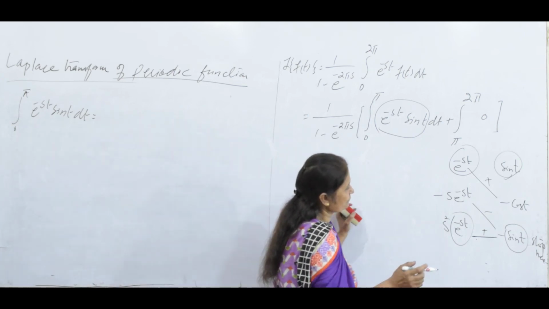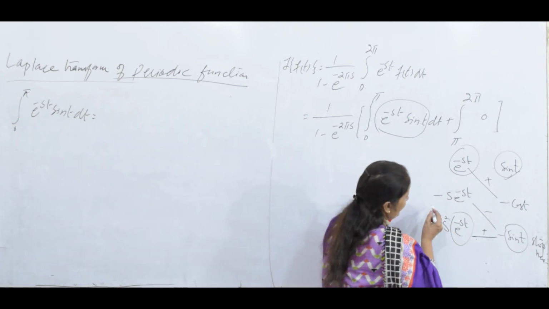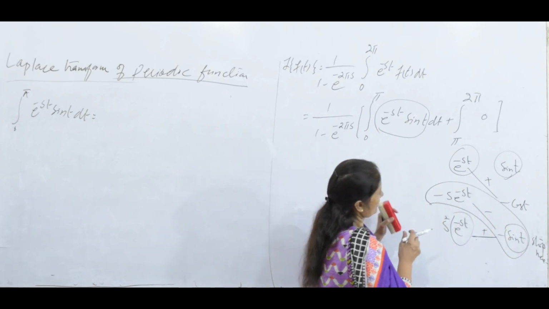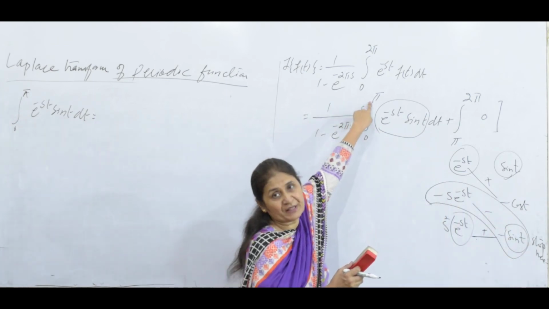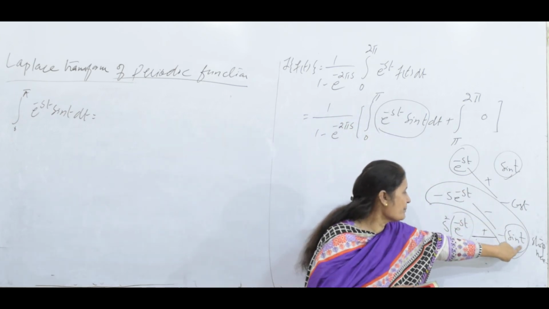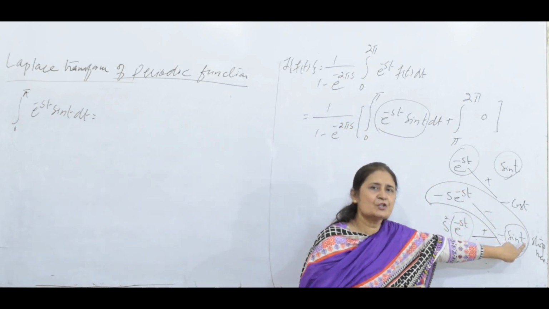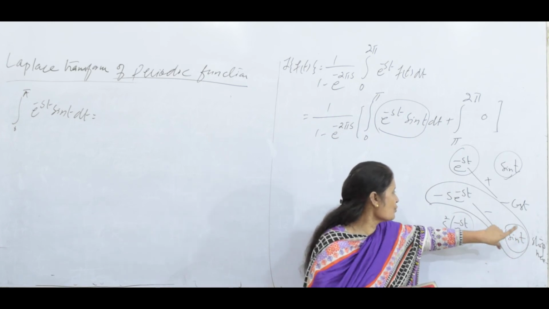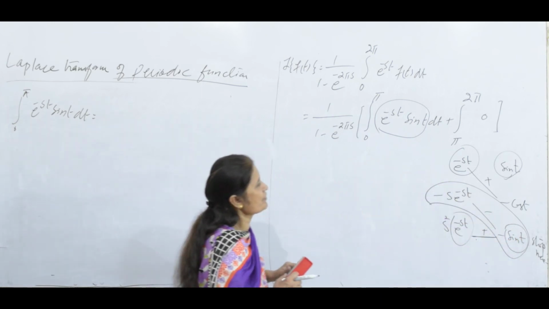So look at this. The limits are 0 to pi. If I put pi there, sin pi is 0, and if I put 0, sin 0 is 0. So this vanishes, and I am not writing it.